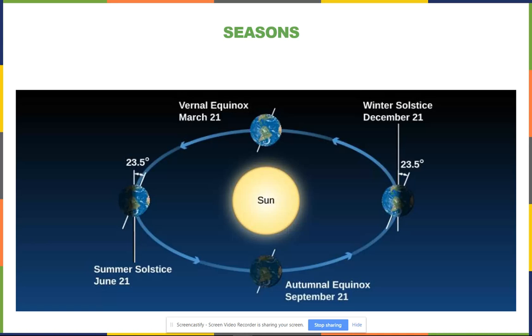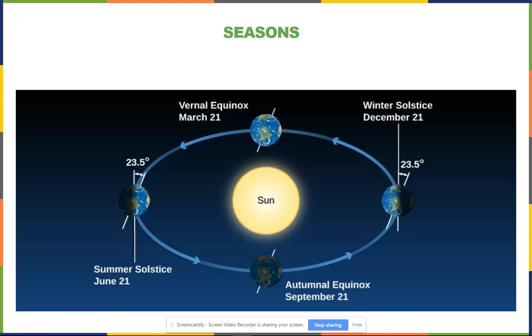We also have the solstices. The winter solstice says December 21, once again, usually around December 21, 22. Summer solstice, June 21, somewhere in that ballpark. Those are when the tilted Earth is either, let's say that Clayton is the sun.